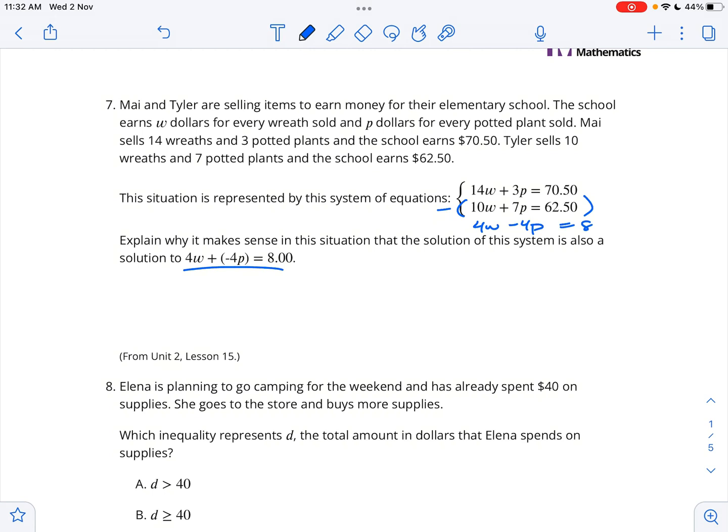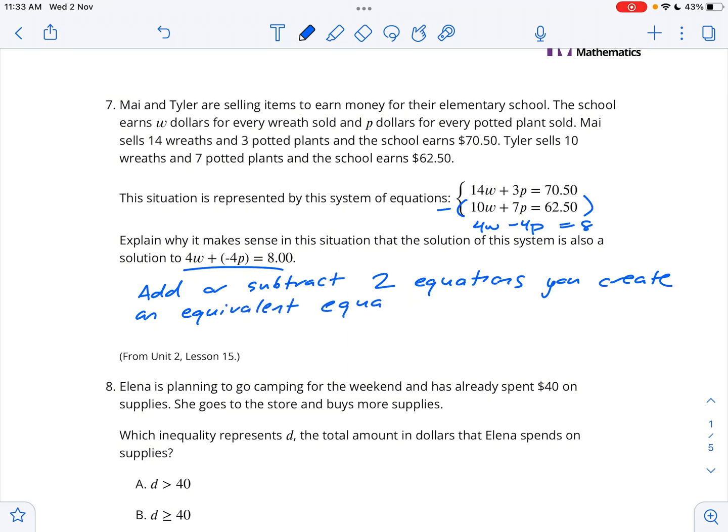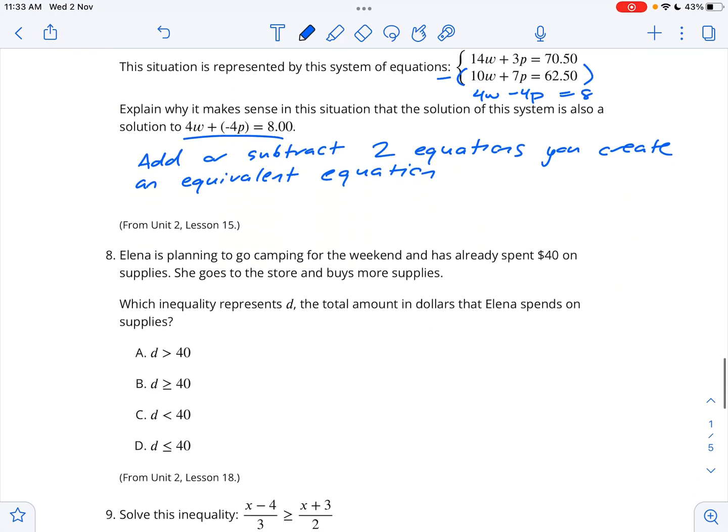So the reason that could also be solved using that is, I would say, when you add or subtract two equations, you create an equivalent equation. So that's true always when you add or subtract two equations.